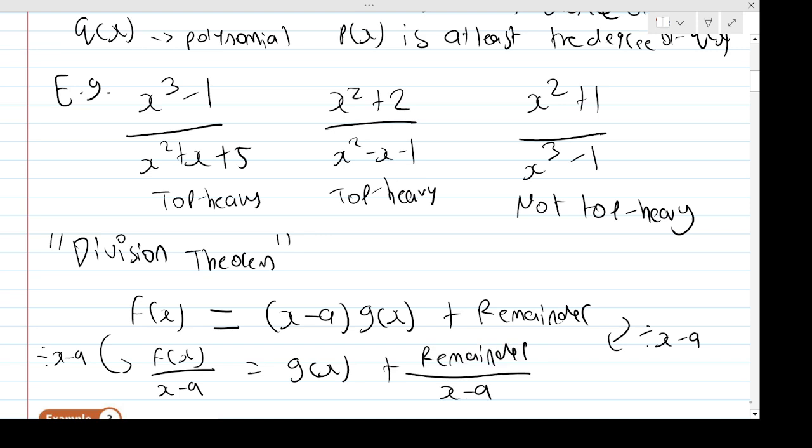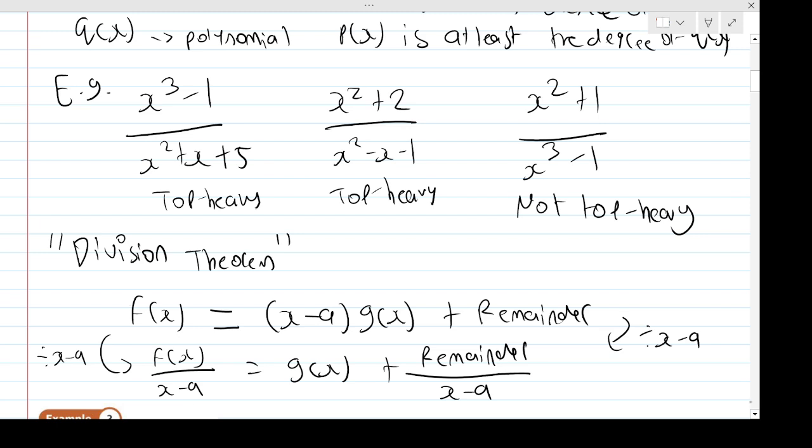So this division, if we then multiply the other way around, any polynomial f of x can be written as x minus a times this g of x, which is just another polynomial, add a remainder term, which is what we've got left over, right?